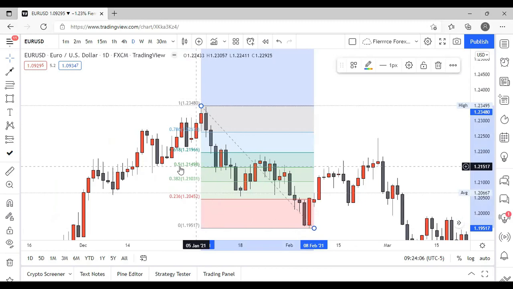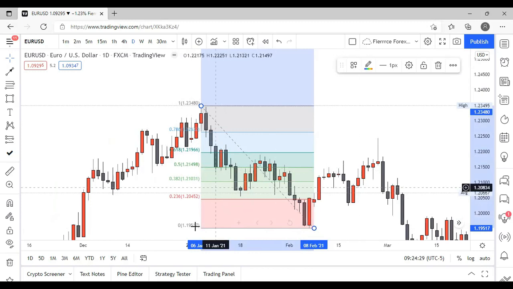Look at the 0.5. Now this 0.5 is what we are calling the 50% retracement level. So when price reached here, guess what happened? It bounced off this zone. These Fib levels are usually reaction levels where you find that price bounces off those levels.